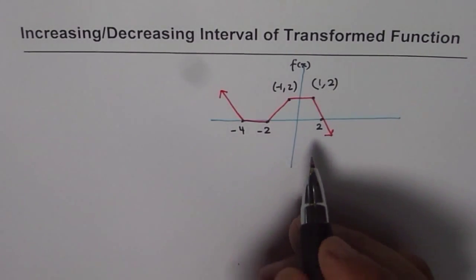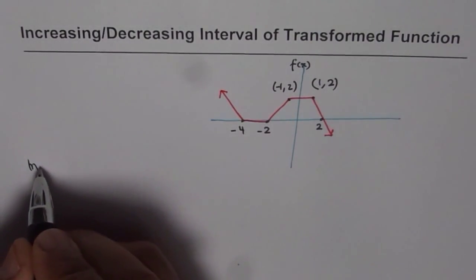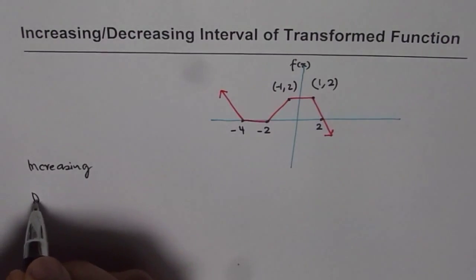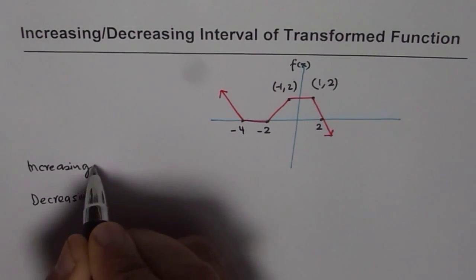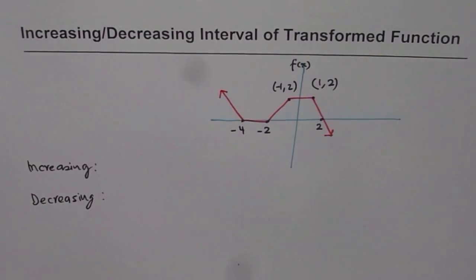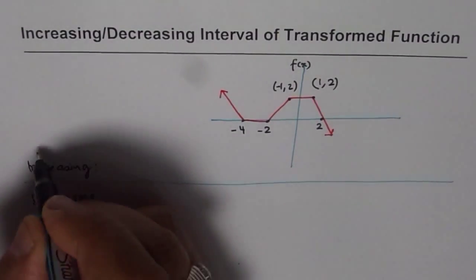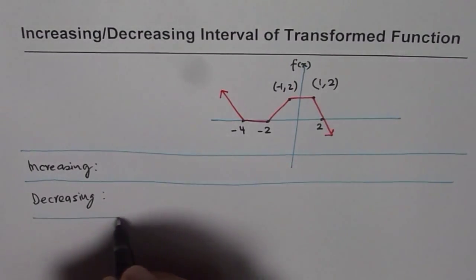So we can write increasing and decreasing intervals for the given function, okay? And then we will see how, when the function gets transformed, these intervals change. So that's the whole idea of this video.